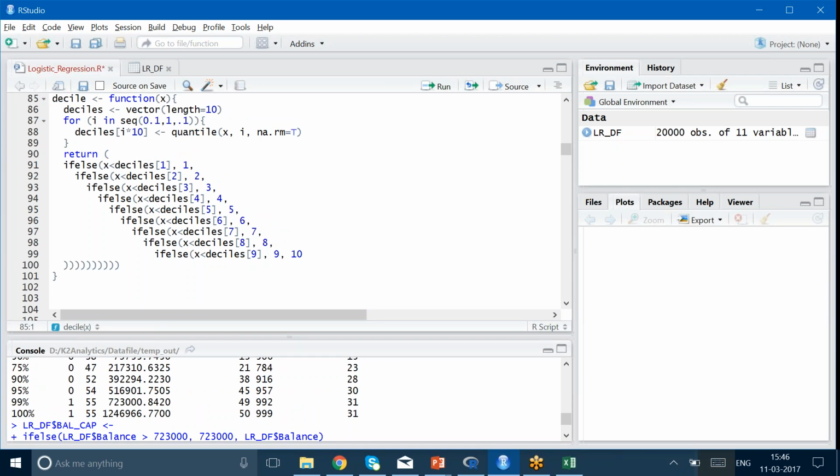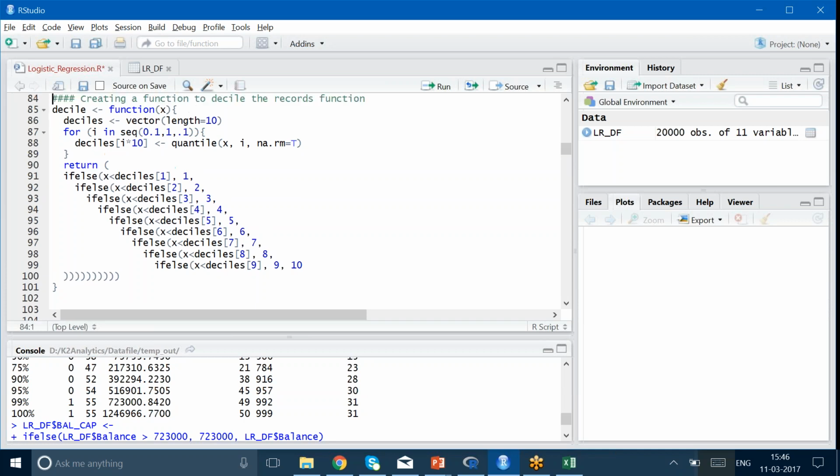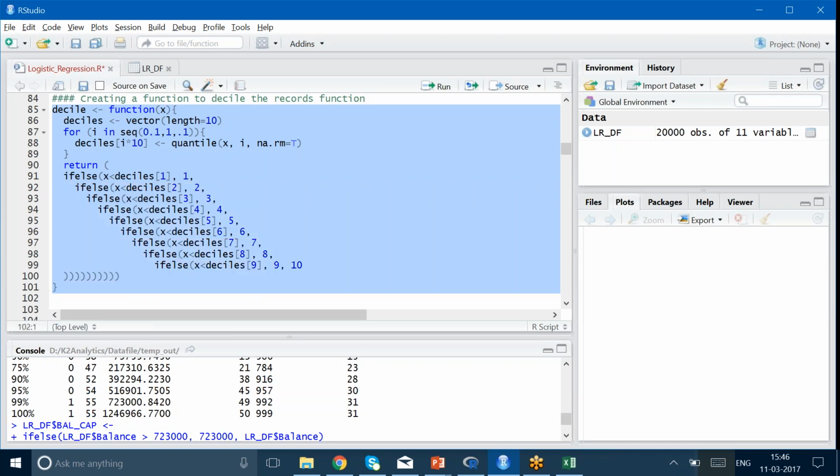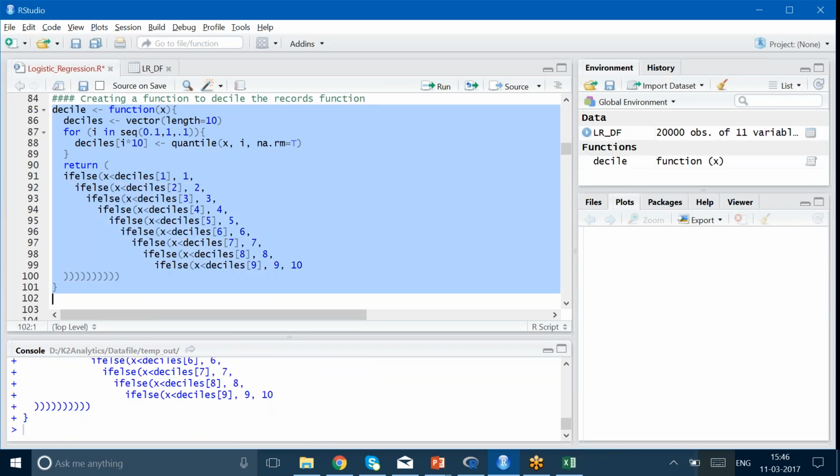That is deciling. A decile is 10% of the total population, and the process of splitting is called deciling. I've written a function for creating deciles. First step, I have to compile the function. Without compiling, I cannot use it.